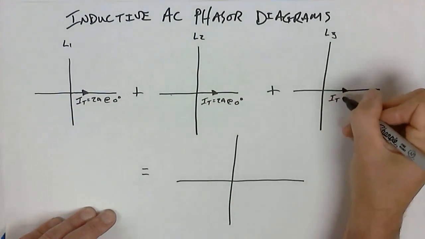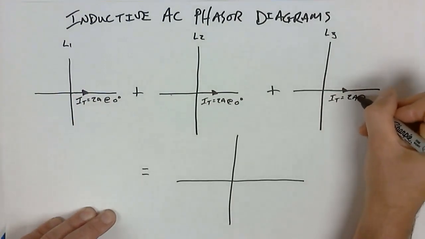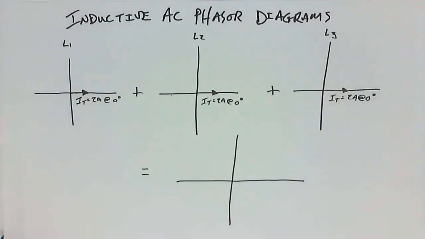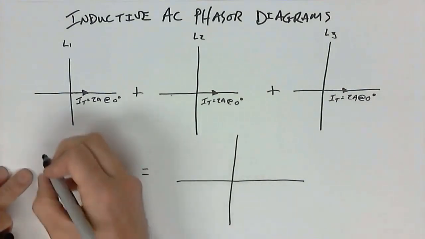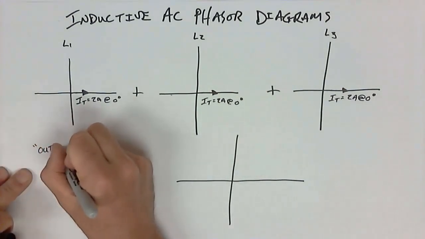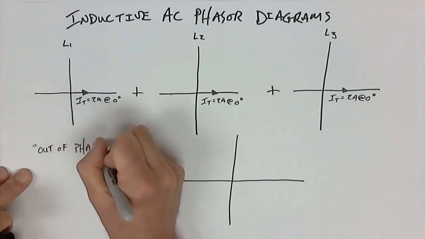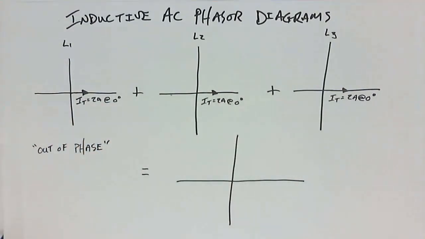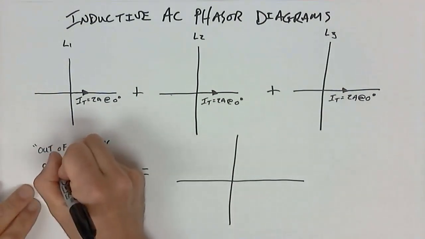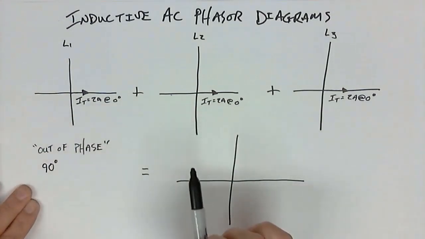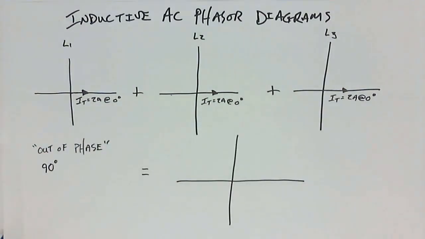If we wanted to sketch each one of the voltage values onto these three diagrams, we know they're going to be 40 volts, but where are they going to be placed? This is considered an out-of-phase circuit. And what we need to remember is that it is out of phase by exactly 90 degrees. And that means that the voltage and the current are out of phase by 90 degrees. You have a choice.